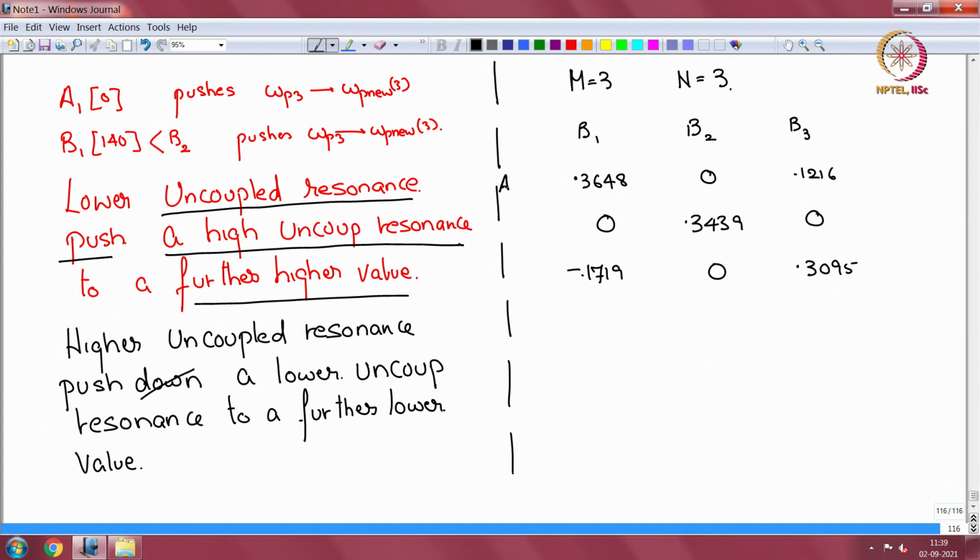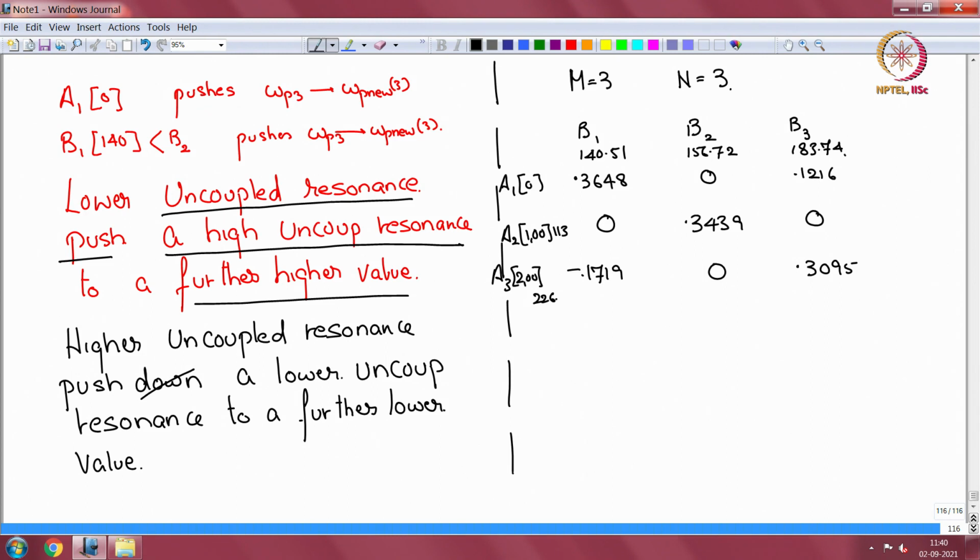This is the A1 mode at 0 resonance. This is the A2 mode at 113 hertz or so. Then they have A3 mode at 226 hertz about, and this is at 140.51, this is 156.72, this is 183.74.